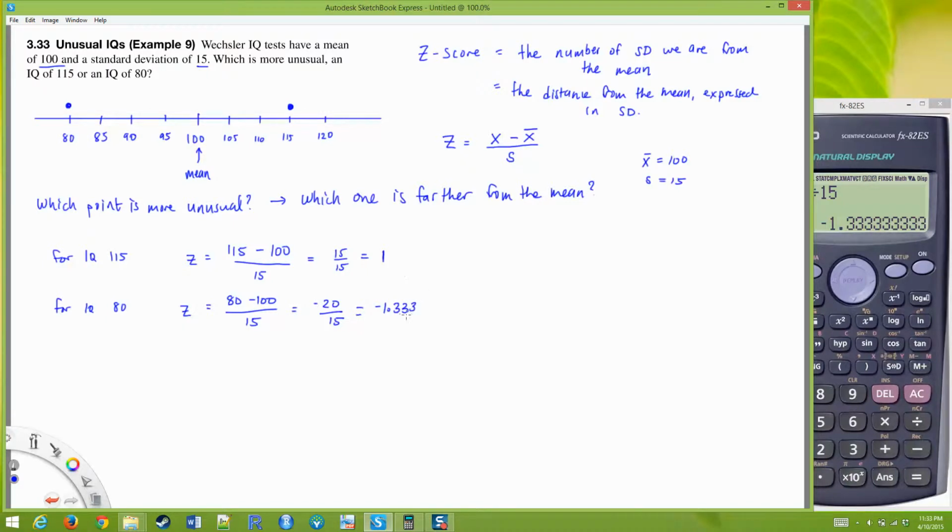So my z-score is negative 1.33. We can see that this one is farther from the mean. It's 1.33 standard deviations away from the mean in the negative direction.